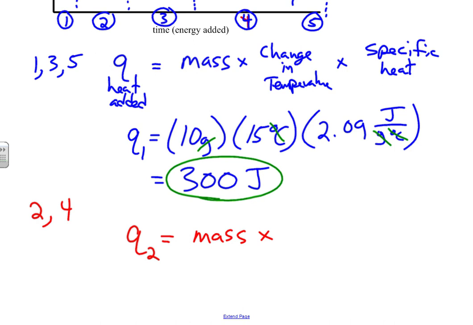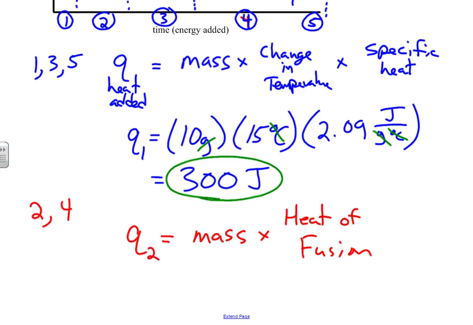times, and in this case, instead of a specific heat and change of temperature, we have what's called the heat of fusion. Okay, sorry, one S in fusion. Right. And again, this value is going to be specific for a given substance.